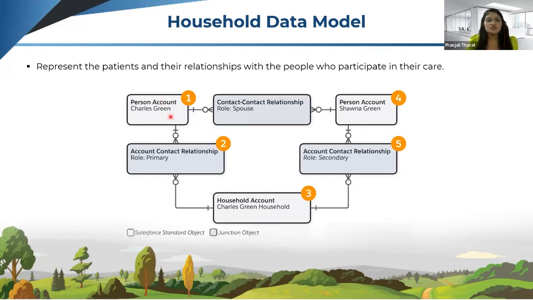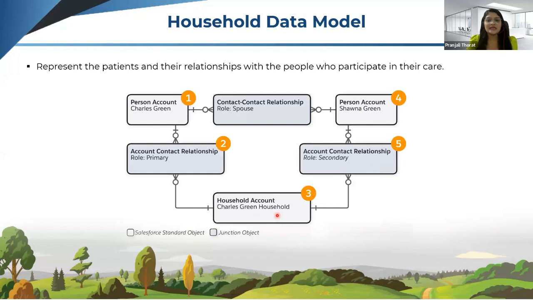Here, the Charles person account record number one has an account contact relationship number two with a Green household account record. Because Charles is a patient, he is the primary contact for the household. Sean's person account record also has an account contact relationship with the Green household account record.